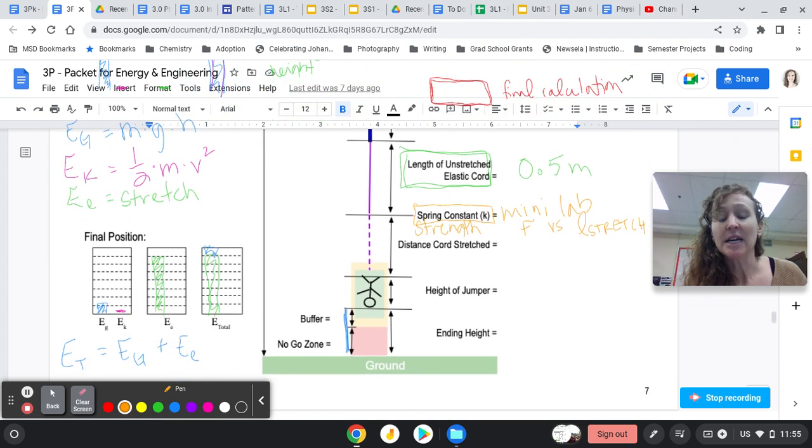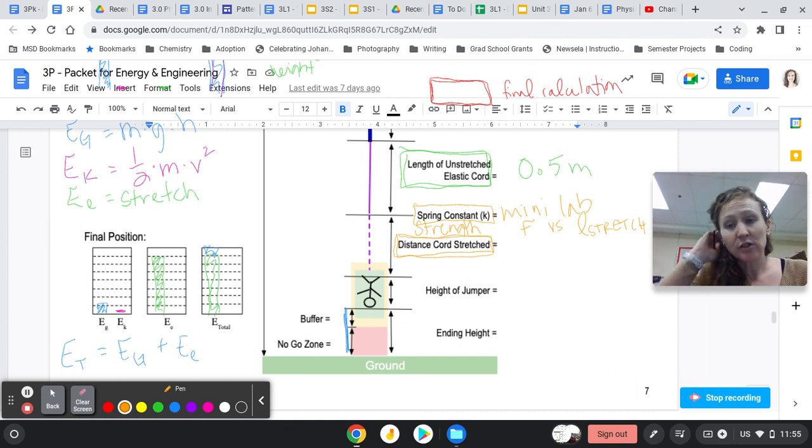All right, moving down. Distance the cord stretch. So when I drop my jumper off on the super fun bungee experiment, how far is this cord going to stretch during the jump? Okay, also something I don't know yet. This is also something that we can calculate.